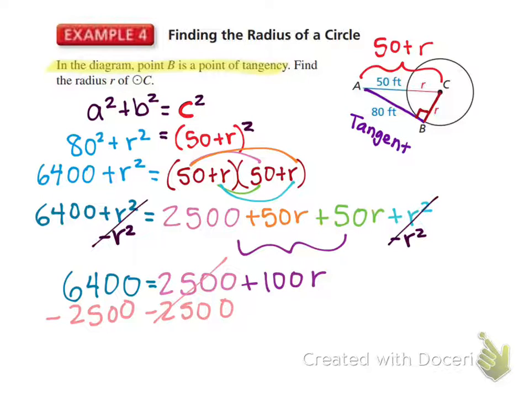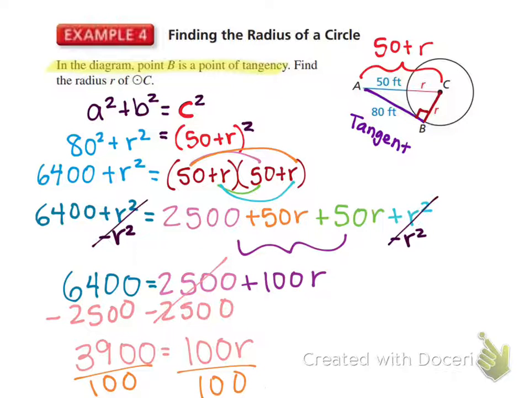What is 6,400 minus 2,500? 3,900 equals 100r. Divide by 100. Hopefully you can figure out what r is by now. R is 39 feet.